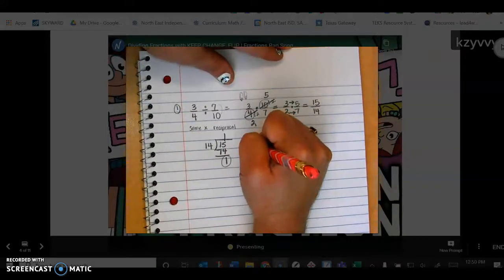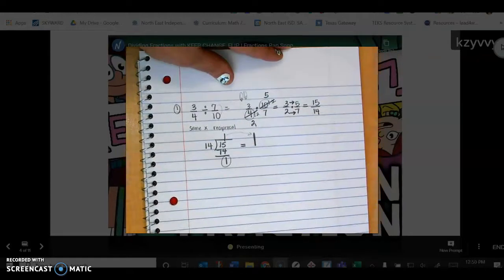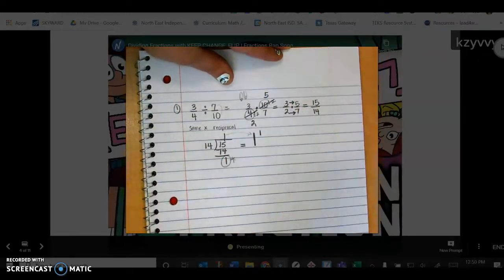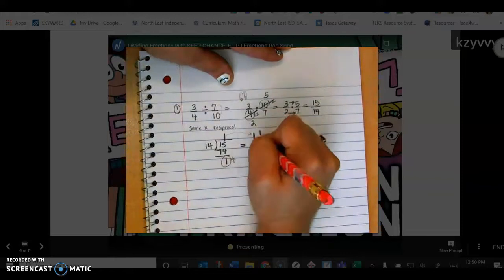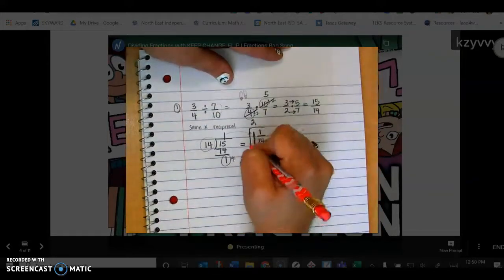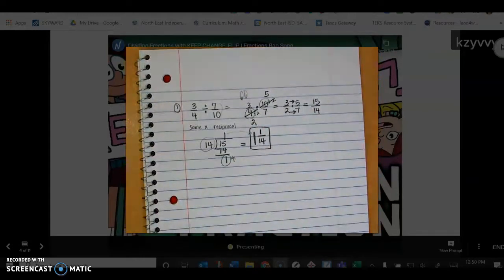Today, I'm working with mixed numbers and fractions. So this 1 whole goes here. The 1 remainder goes in the numerator, and my denominator is going to remain this 14. So hopefully you also got 1 and 1/14 for the quotient of 3/4 divided by 7/10.